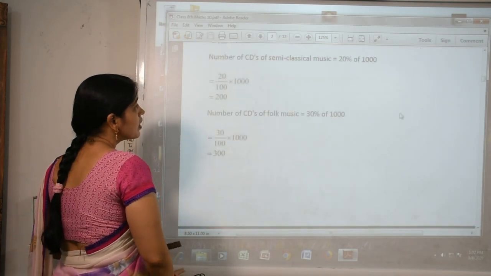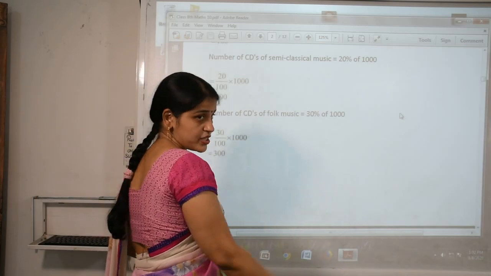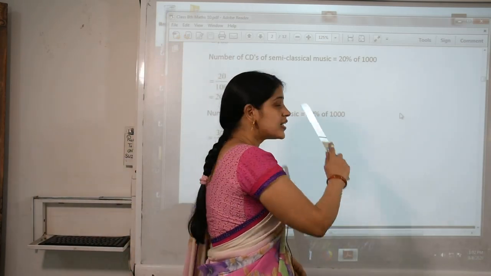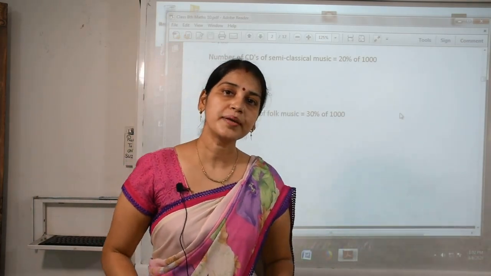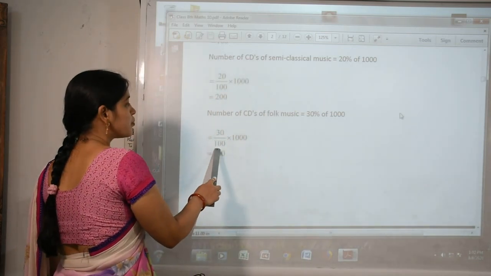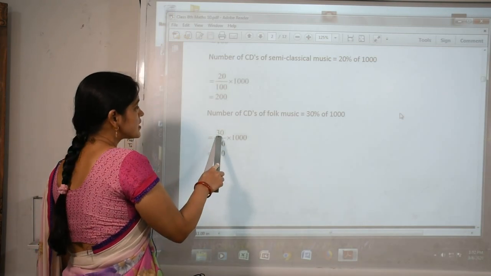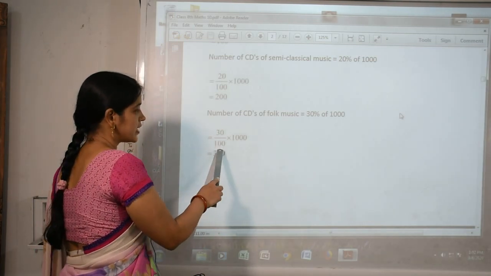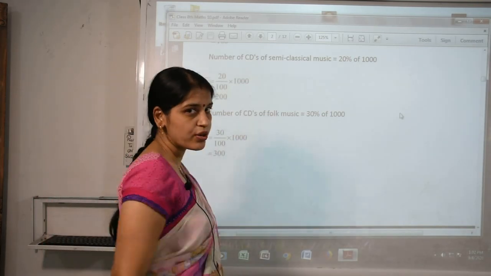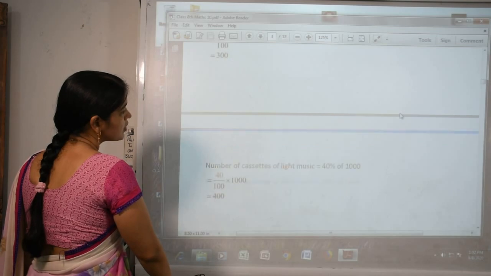Now number of CDs of folk music. Folk music it is given 30%. So 30% of 1000. That means 30 upon 100 into 1000. So it comes 30 into 10, 300. So 300 CDs of folk music.